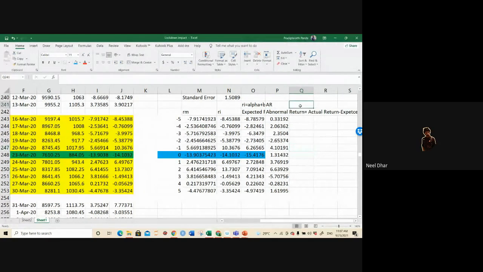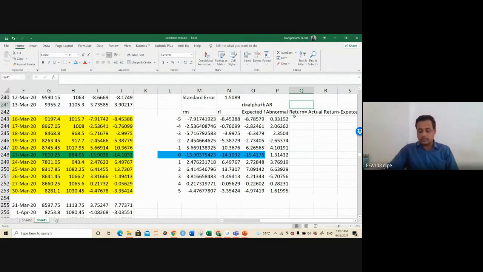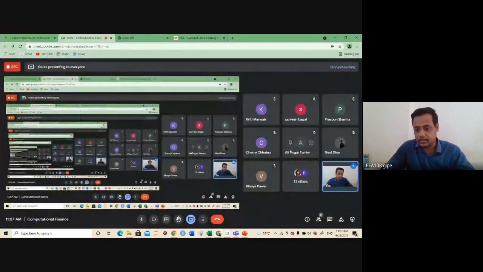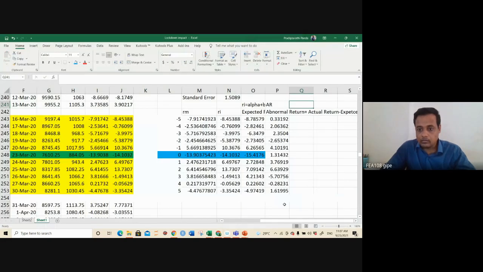So shouldn't we square it or take some mod of it? No, it is simply actual minus expected. You don't take any mod or square it. Okay. All of you got this?